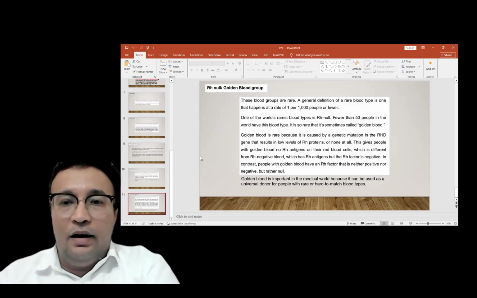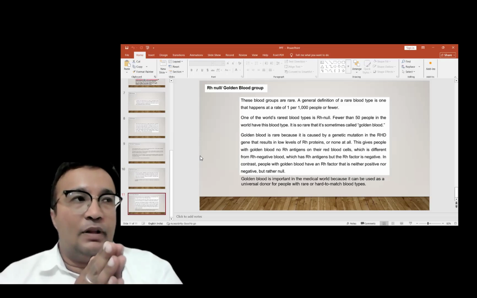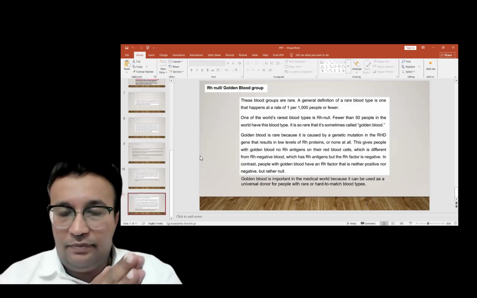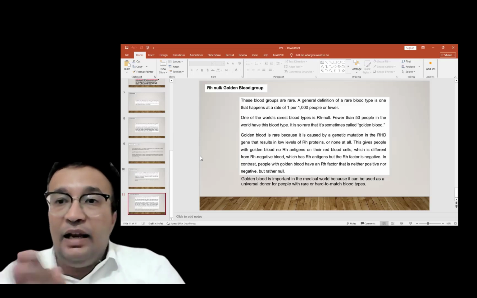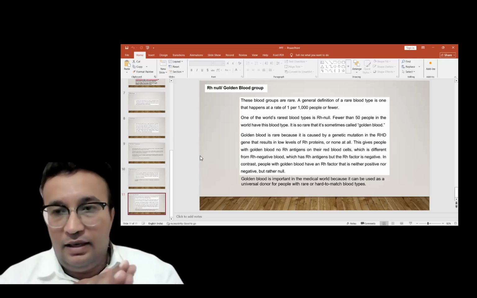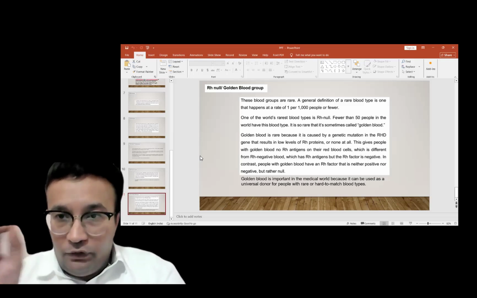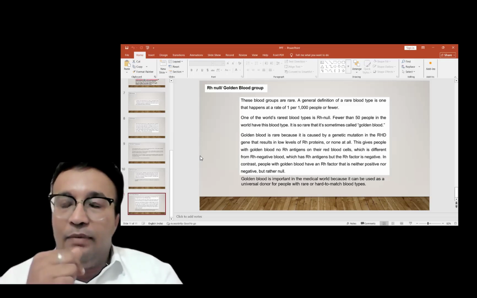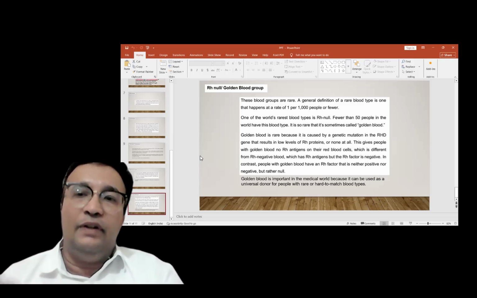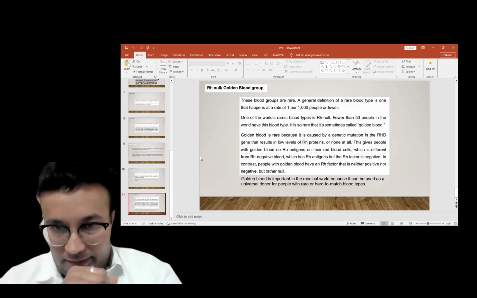Okay. Now, please understand that when we talk about RH factor, we are talking about an array of RH antigens, and there are 61 RH antigens. Out of those, if RHD is present in the blood, then the blood group will become positive, and if it is absent, then the blood group will become negative as per the ABO blood group system.